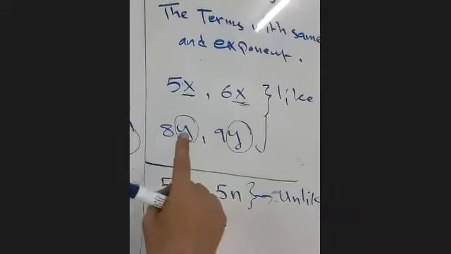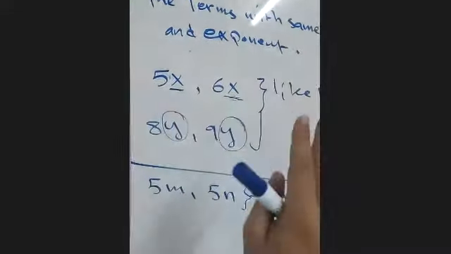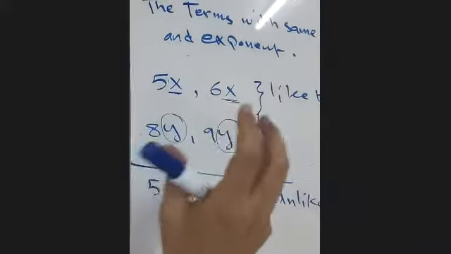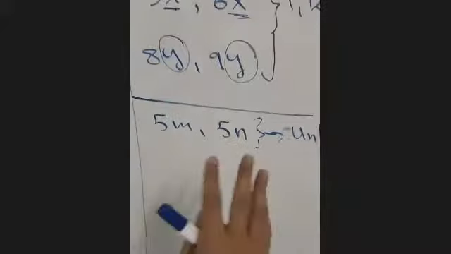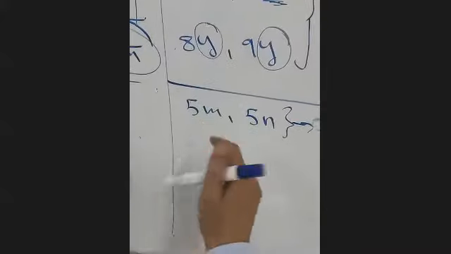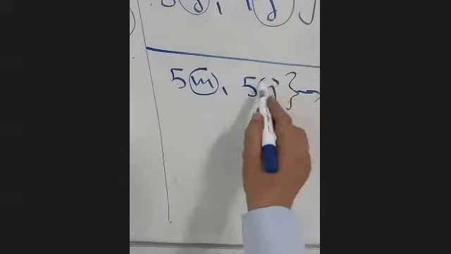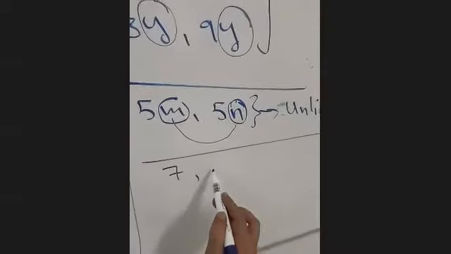Like terms have the same variable and exponent, like 8y, 9y, 5x, 6x, m, 3m, any terms with the same variable. But here they are unlike, because here we have 5m and here 5n. They are unlike terms. The numbers together, guys, we call them like terms, like when I say 7 and 8.